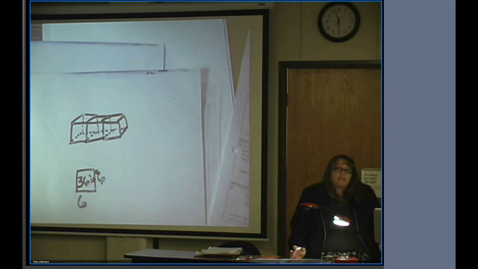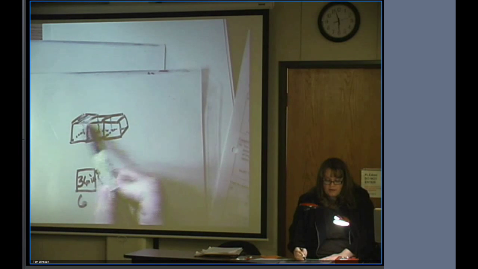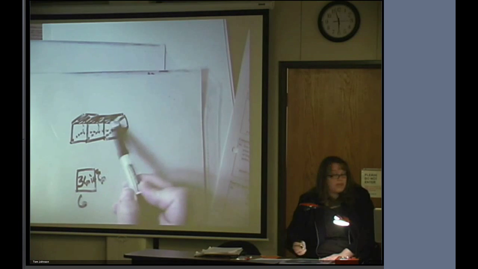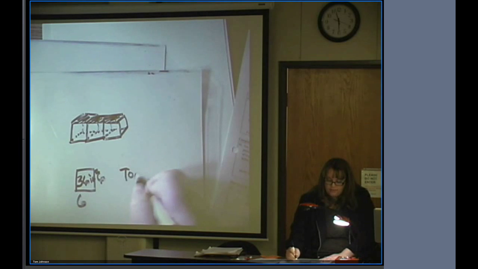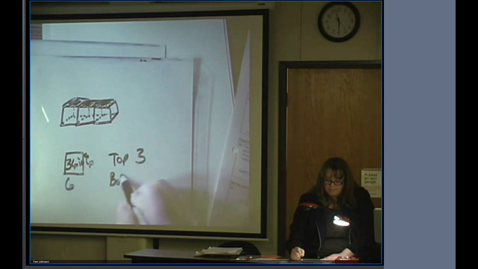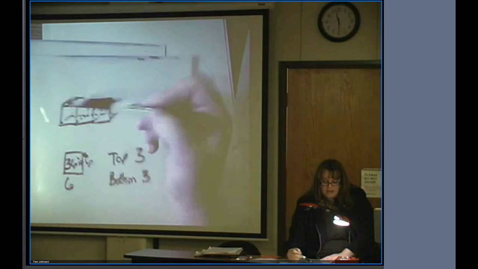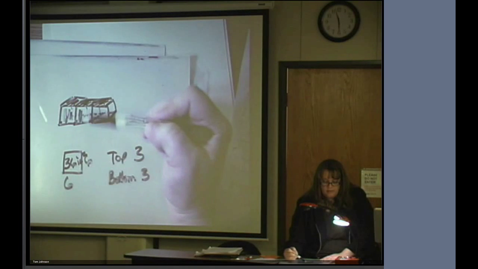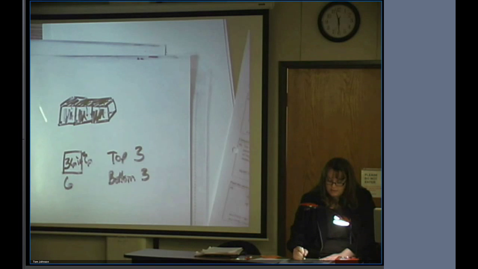So basically, I just need to see how many cubes I have on the outside. Let's look at the top. The top I've got 1, 2, 3. But if I have 3 on the top, I would have how many on the bottom? 3. If I have 3 on the front, how many would I have in the back? 3.